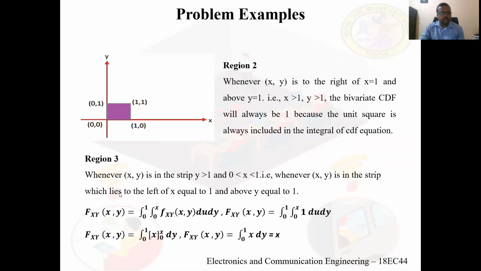Next, for region 3, here, whenever x, y is in the strip where y is greater than 1 and x lies between the values 0 to 1. That is, whenever x, y is in the strip which lies to the left of x equal to 1 and above y equal to 1, for y greater than 1 and x lying between 0 to 1.